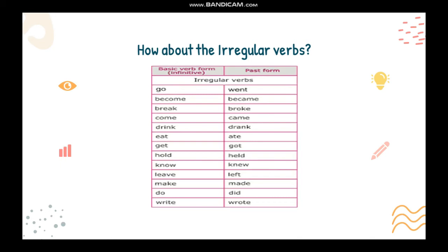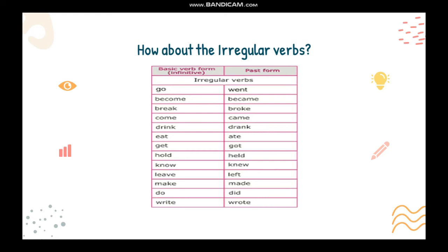Now, here I have more than 10 irregular verbs: go becomes went, change becomes changed, break becomes broke, come becomes came, drink becomes drank, eat becomes ate, get becomes got, hold becomes held, know becomes knew, leave becomes left, make becomes made, do becomes did, write becomes wrote.